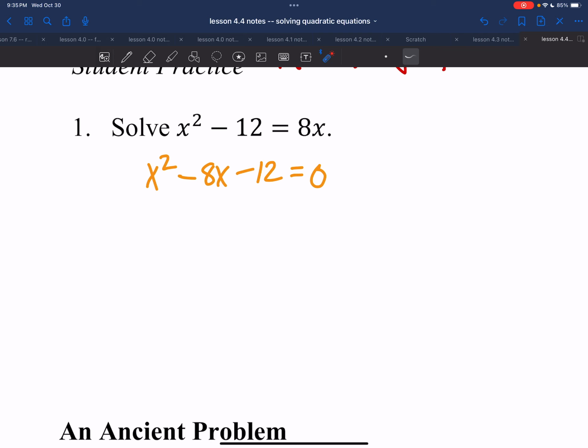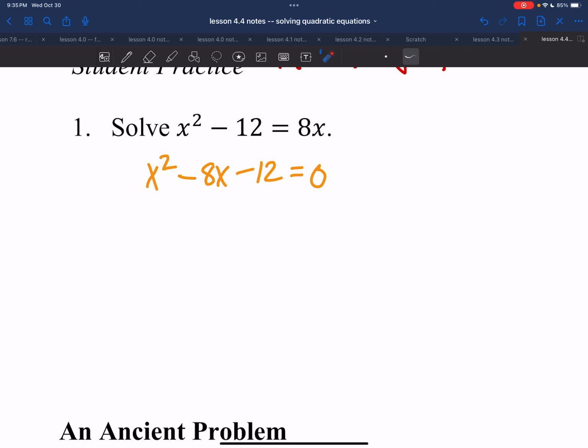By the way, I'm going to take just a moment to pause here. If you look this up online, a lot of teachers are going to tell you to add 12 to the other side first and then complete the square on this. And that's fine. I don't care if you do that. It literally doesn't matter.